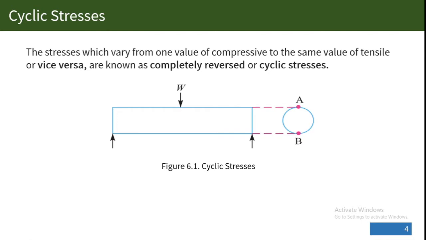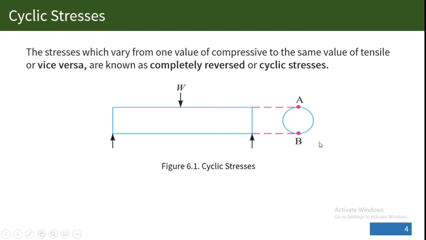A little consideration will show that the upper fibers of the beam, for example at the point A, representing the upper fiber, are under compressive stress when applied with the load W. And the lower fibers, such as at point B, are under tensile stress.